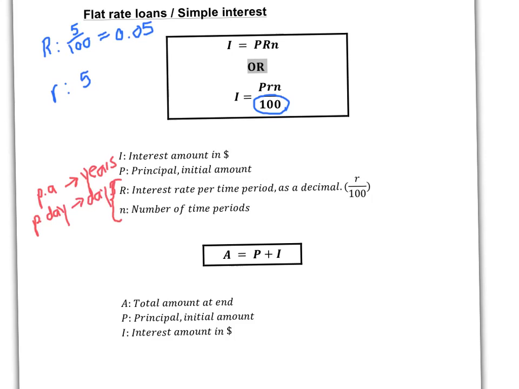So always double check that those two are in the same units of time. If they ask us the total amount owed over the time period, we then have to take the principal plus the simple interest as we have just calculated to get that total.